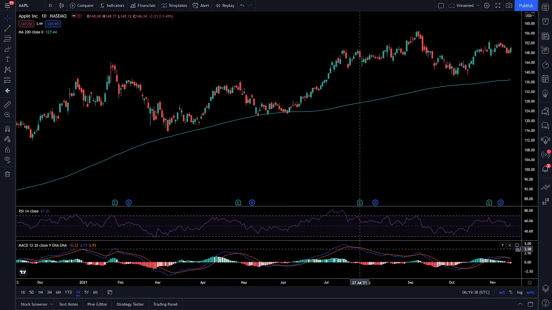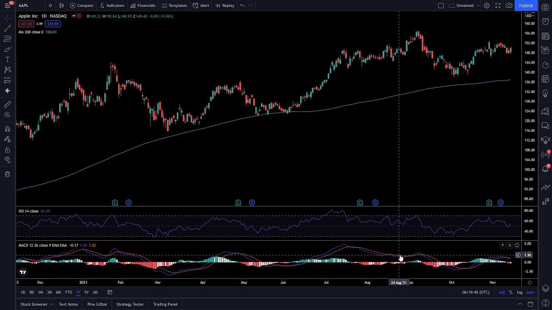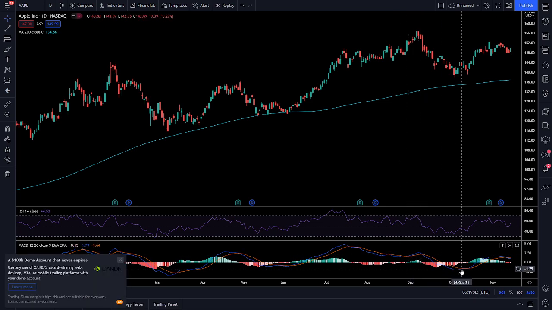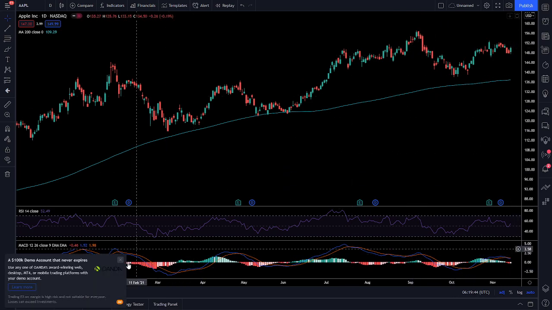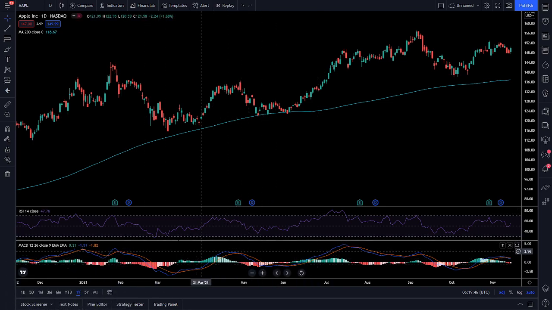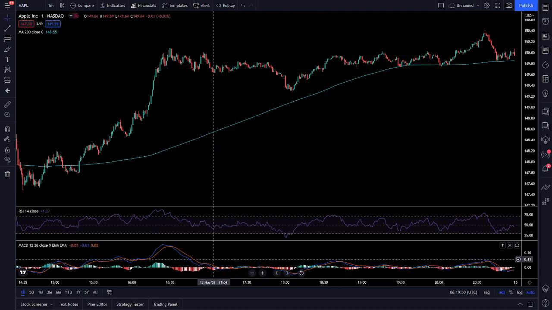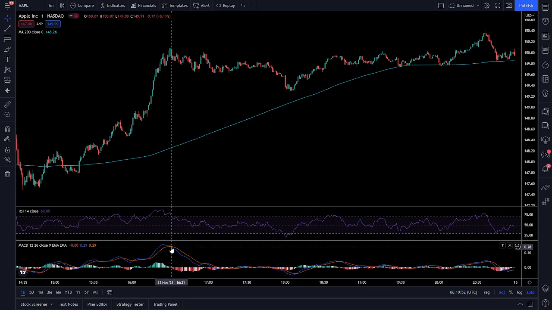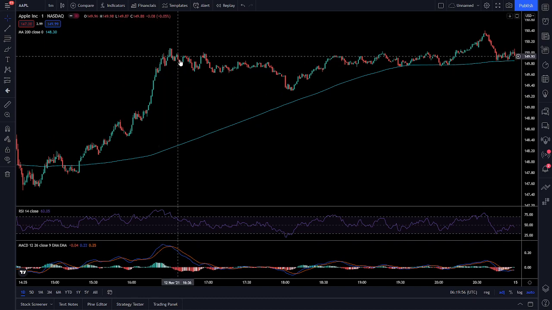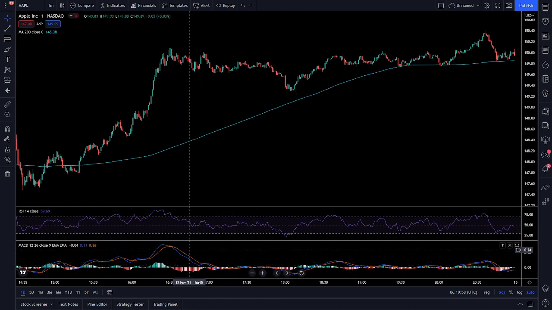Get out right here. Don't get back in yet. Get in right here. So you could definitely swing trade with this. It's also pretty useful with day trading. However, it's a little more difficult to analyze when you're looking at it day to day, minute to minute. But there is still some movement in the right direction when using the MACD.